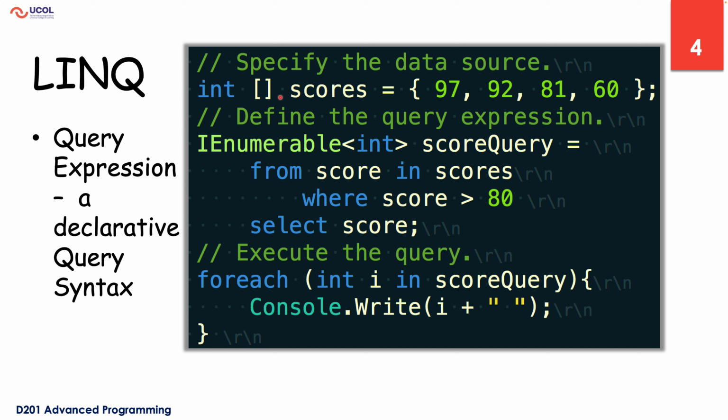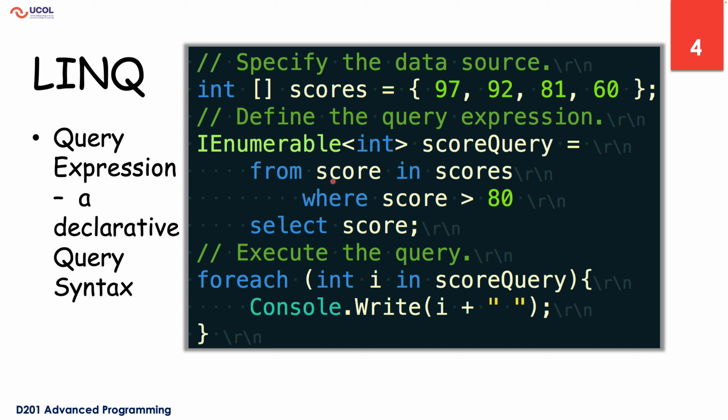We are writing scores, which is an integer type array, and then we are saying IEnumerable int score query. That particular query is going to return me a list of integers, because it will try to find specific numbers in that array and return back something which is IEnumerable int, kind of an integer list.